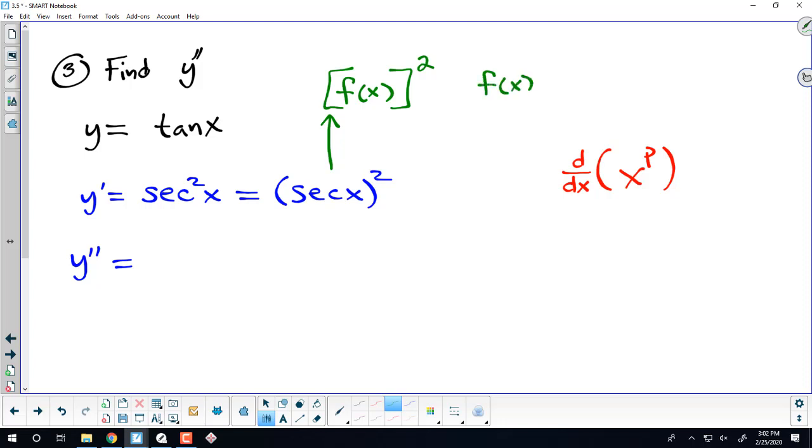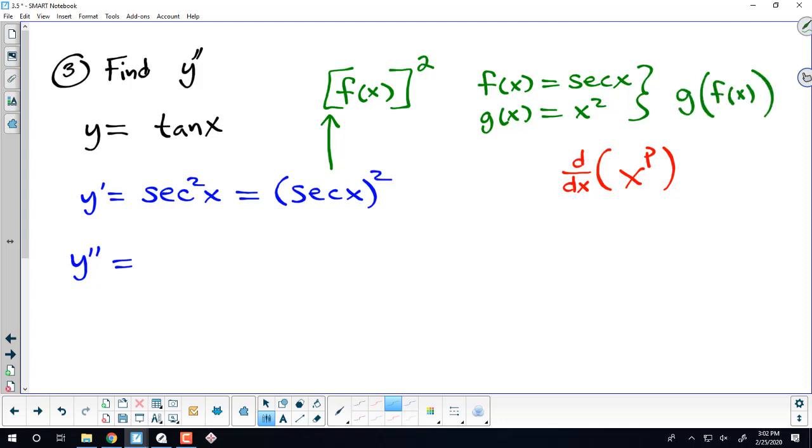Like if f of x were secant and g of x were x squared, then we put secant inside of that, so we have g composed with f of x. So that's what we're looking at. Unfortunately, the power rule just doesn't apply. This is in 3.7, chain rule. So we can't apply the power rule to that.